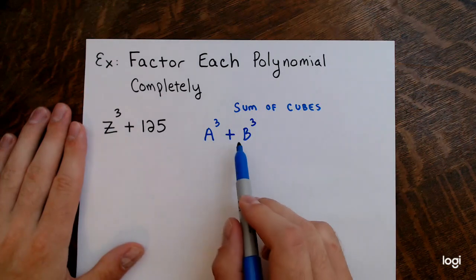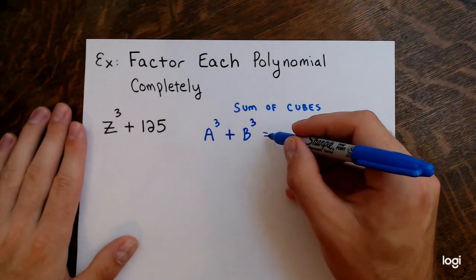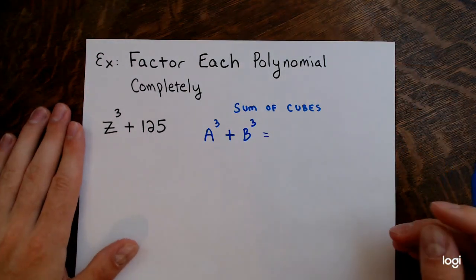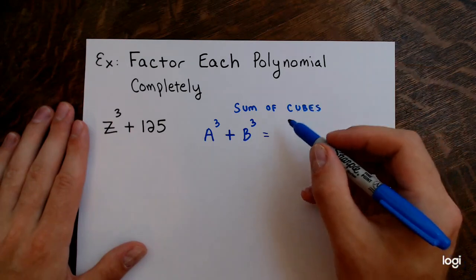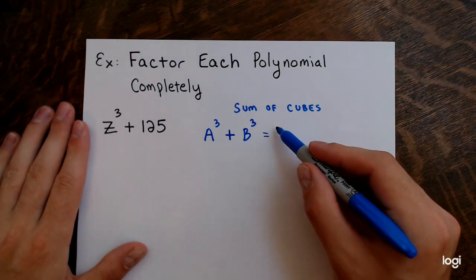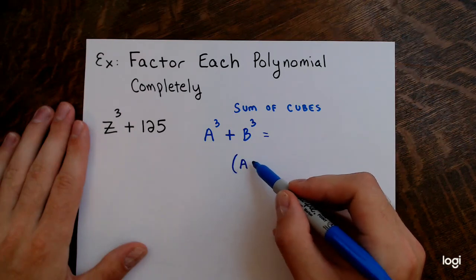So a sum of two cubes. And when you have a sum of cubes, it is factorable. You should be able to rewrite a cubed plus b cubed as the product of a plus b.